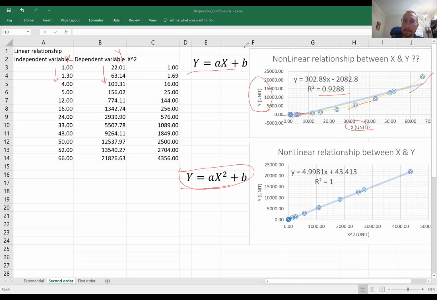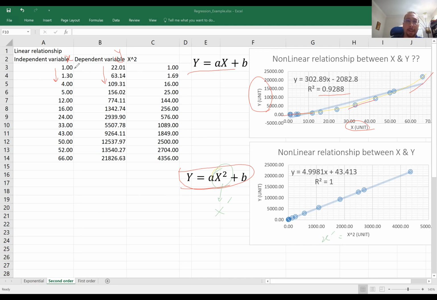Okay, so the easiest way to do it is to take this as a new variable. Let's call it X prime. I take X squared to be X prime. So now I plot Y as a function of X prime.